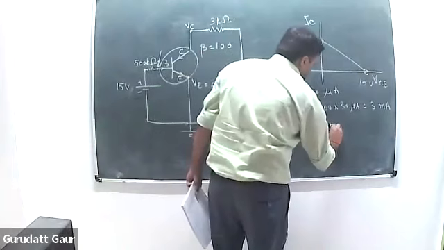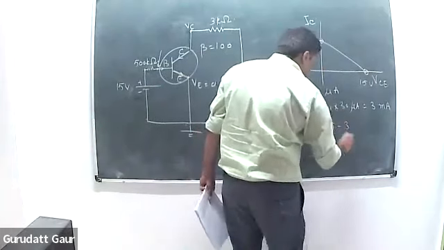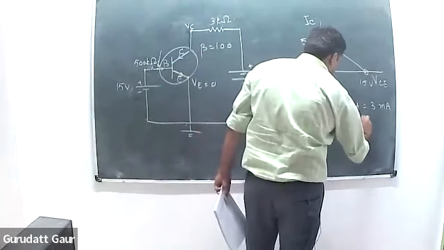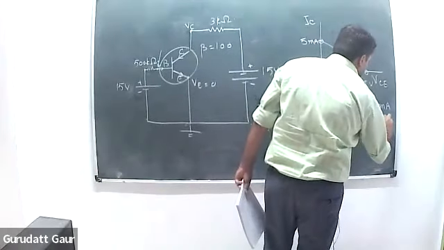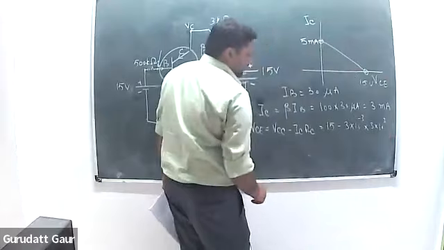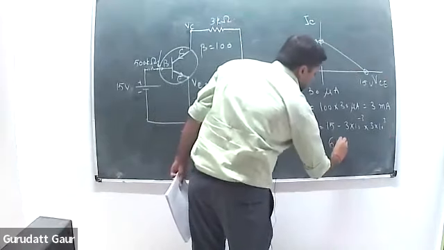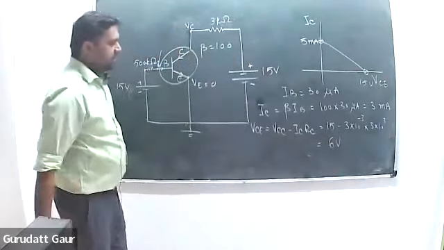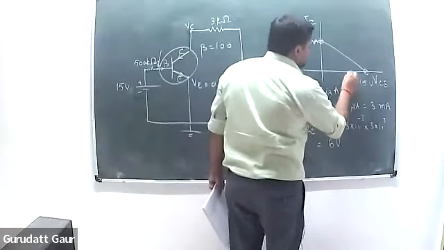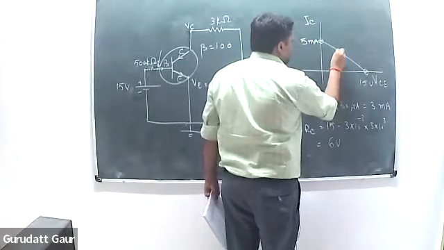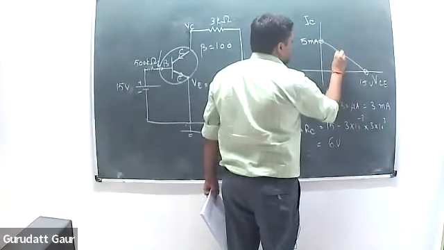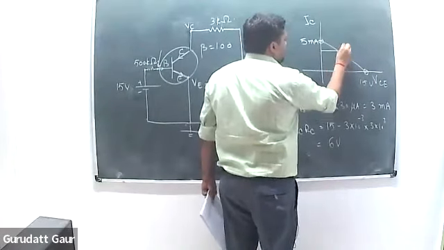VCC is 15 minus IC, which is 3 into 10 power minus 3, into RC, which is 3 kilo ohm, so 3 into 10 power 3. So 15 minus 9, 6 volt. So that is your Q point. 3 milliampere and 6 volt. So 6 volt का मतलब है this is 10.5 somewhere here. This is your Q point.